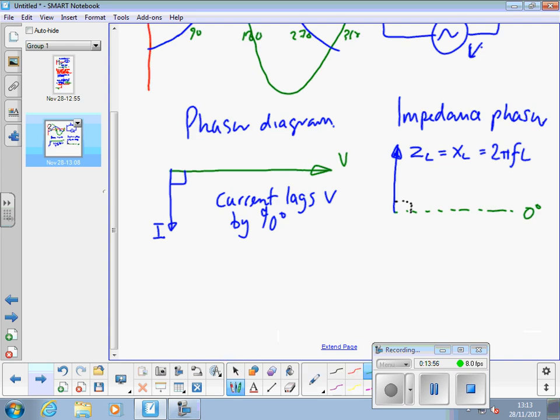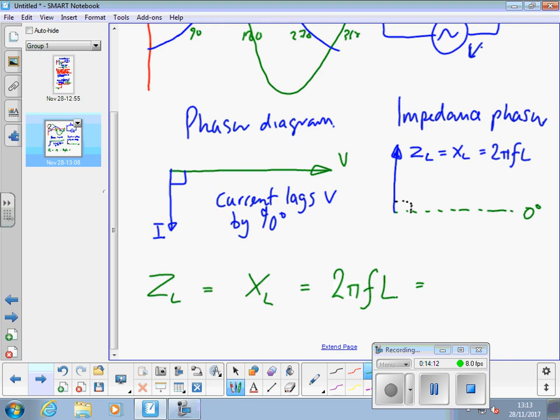I'm going to summarise that a little bit clearer here. ZL equals XL equals 2 pi FL.